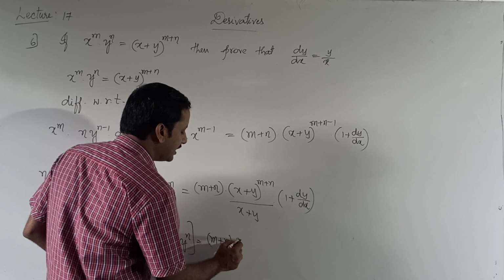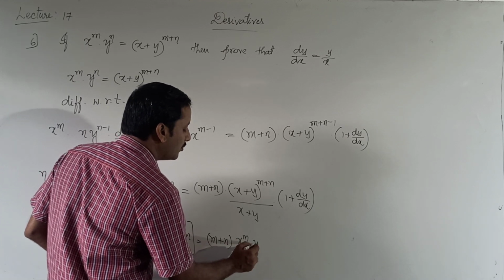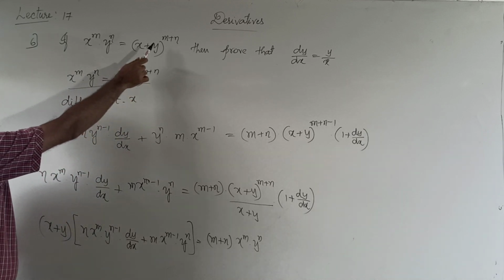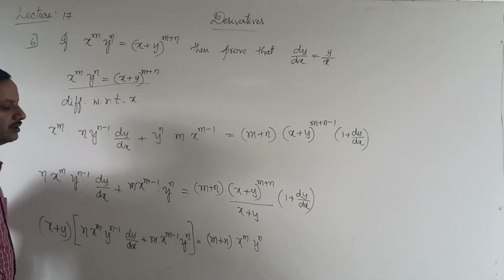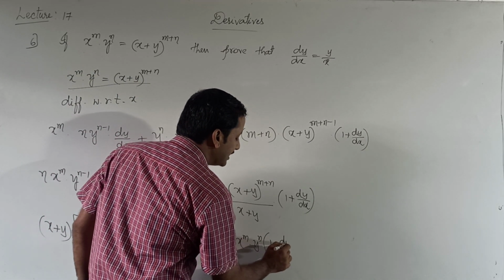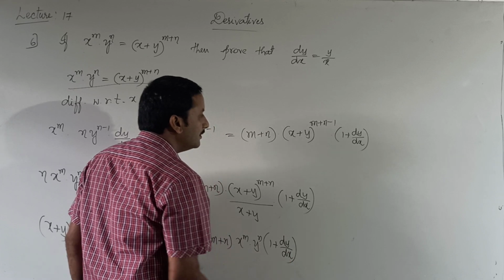I will write that as x power m into y power n. Look here, they have given x plus y whole power m plus n is equal to x power m into y power n, that I will replace, into 1 plus dy by dx.